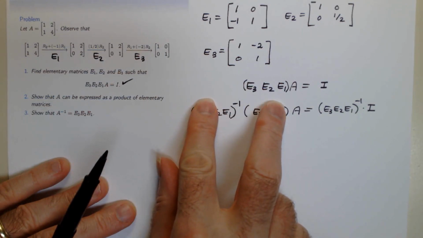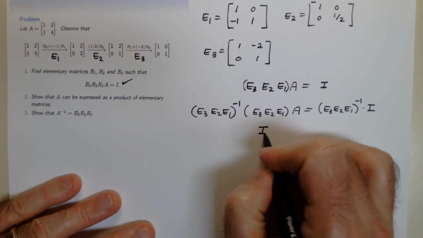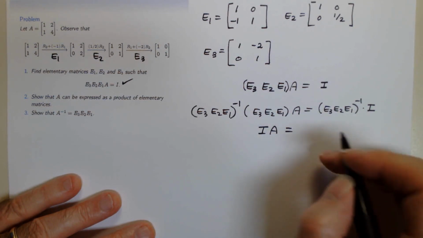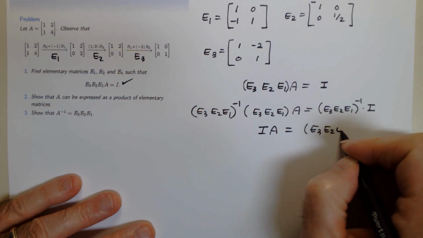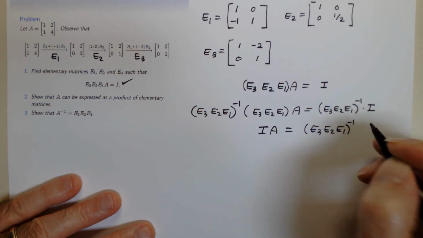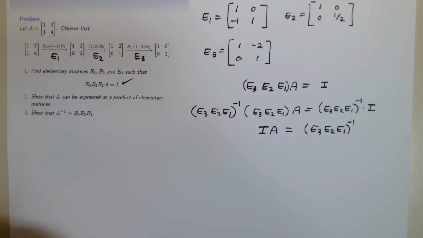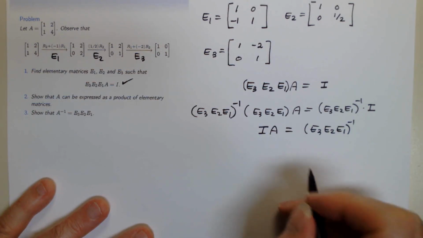This product will give me the identity matrix. So I'll have the identity matrix times A on this side. And on this side, I'll just have (E3 E2 E1) inverse, because multiplication by the identity will leave it unchanged. Okay, now this side is going to become A, because the identity times A is just A.